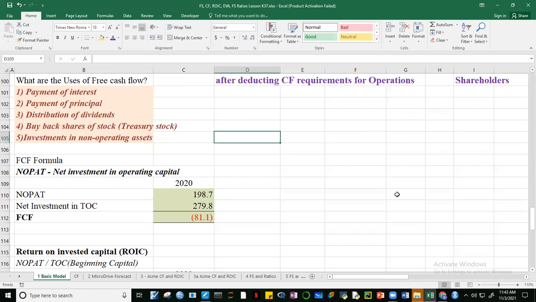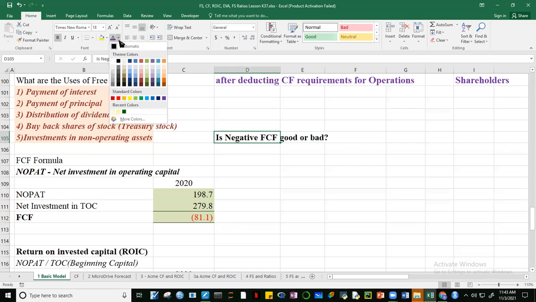Okay, then the next question is negative free cash flow, good or bad? So that's the question we have to answer. Because this indicates that technically there is no cash flow available for distribution to shareholders because this is negative free cash flow. So is this good or bad? So this is a very important question for us to answer.